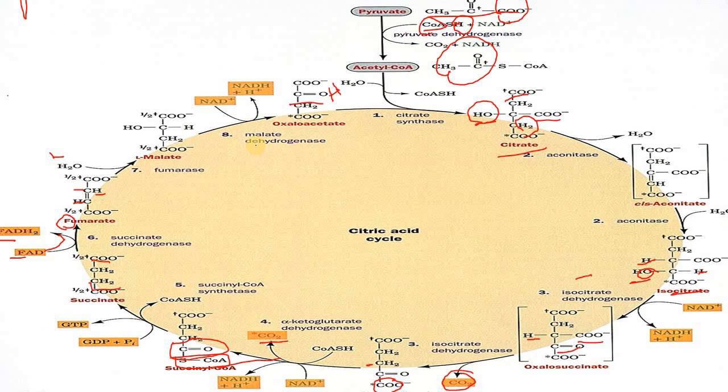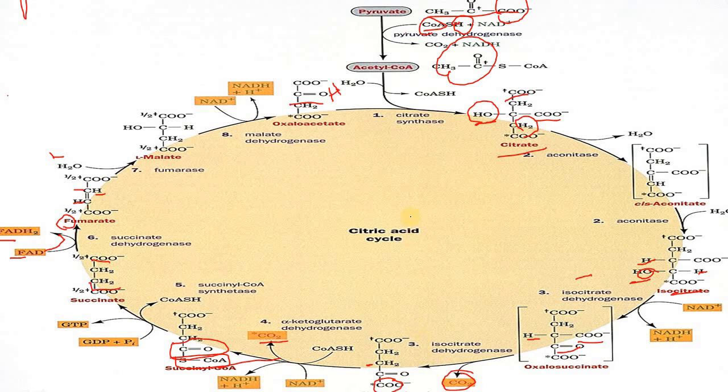Here the electron acceptor is NAD+. Whatever oxaloacetate has been consumed is being regenerated here, and we can also see that two molecules of CO2 are getting removed.